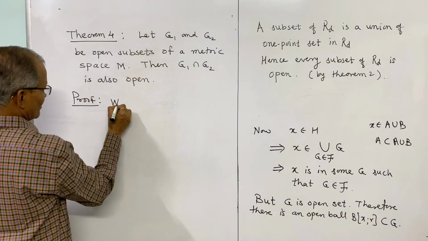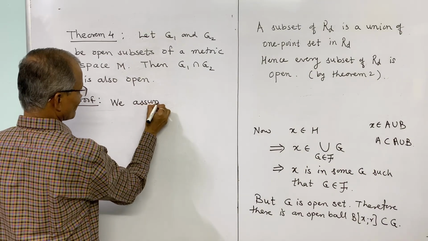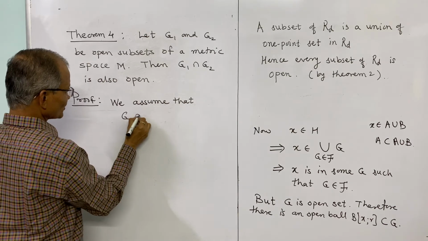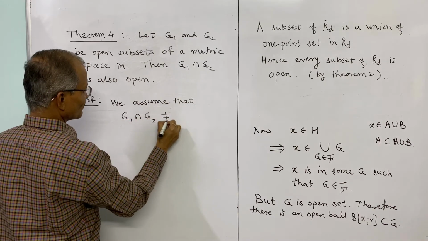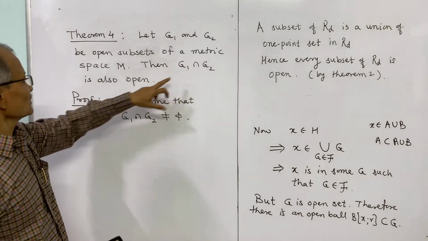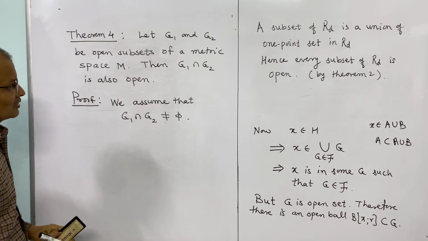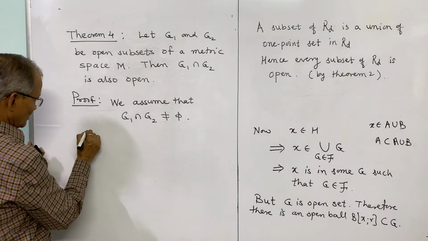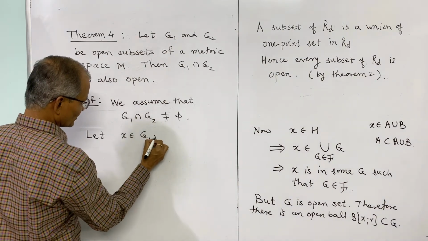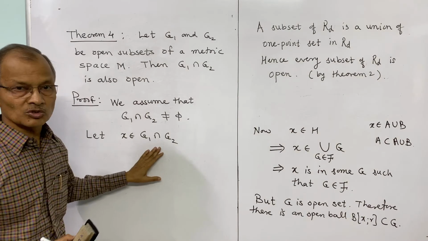We assume that G1 intersection G2 is not equal to empty. Now to prove G1 intersection G2 is open, let x belong to G1 intersection G2. Then what we have to prove is that this is open.